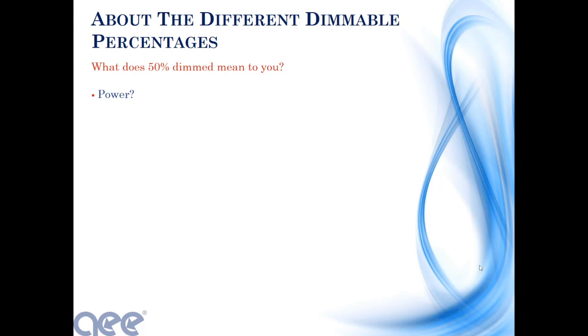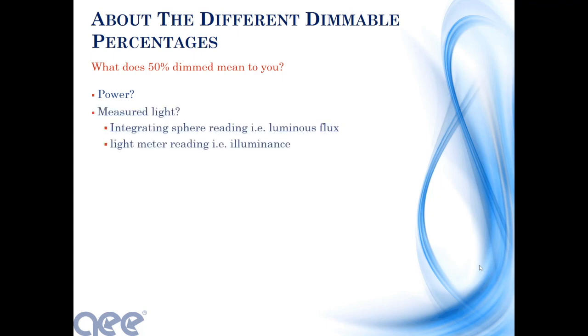You can say, this room right now is taking 1,000 watts of lighting power. Let's put it to 500 watts. Do you think it'd be 50% of the light output? No, not really. Are we talking about measured light? Right now you maybe have 30 foot-candles at your tabletop, and we want it to 15.